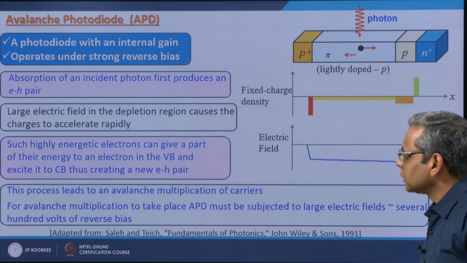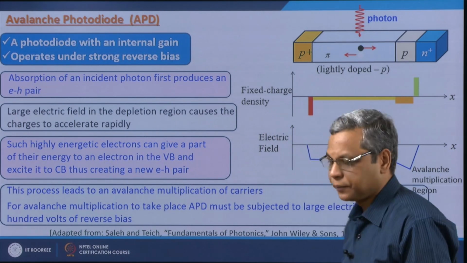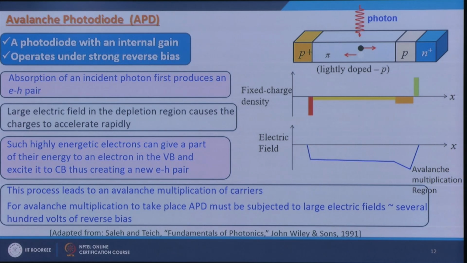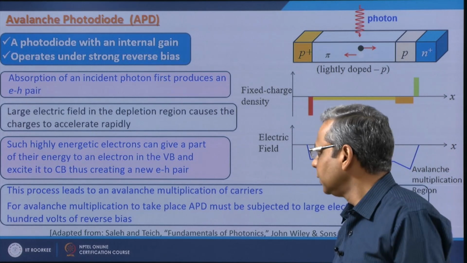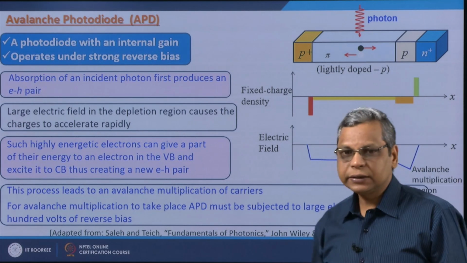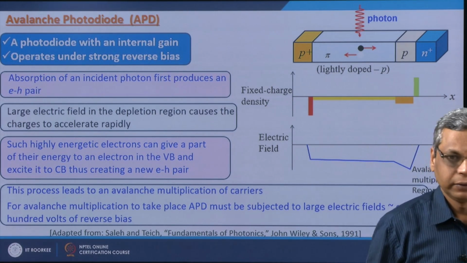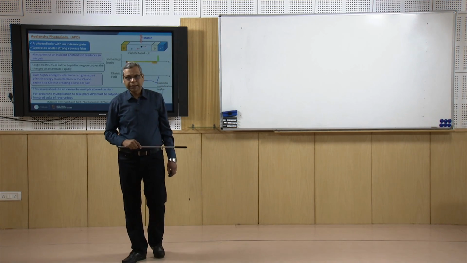This strong electric field will accelerate the charges rapidly. What is happening? Basically, an incident photon will generate electron hole pairs. When these electrons come under the influence of such a large electric field, they are accelerated, and since they have very high energy, they have impact with the electrons in the valence band.